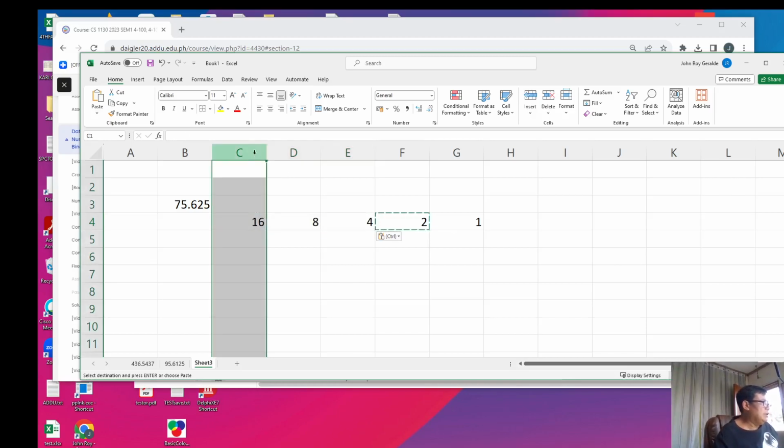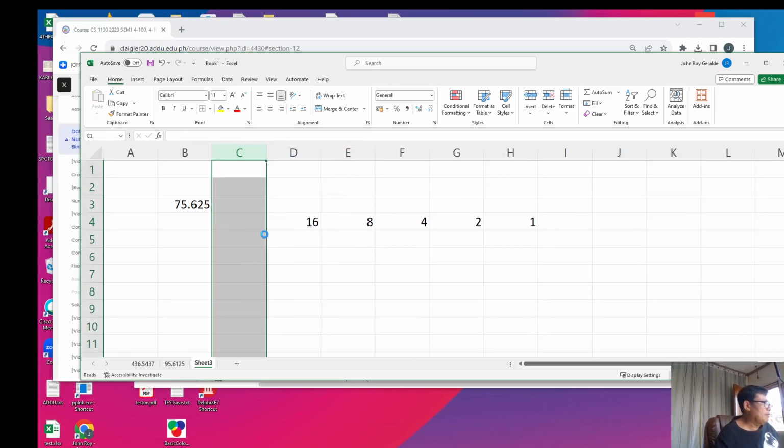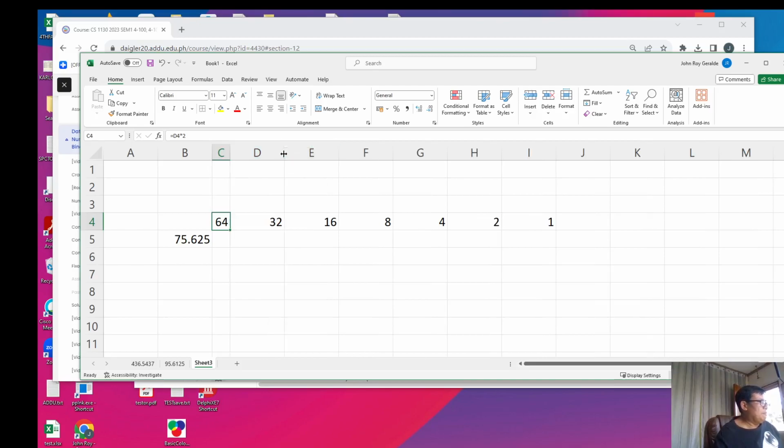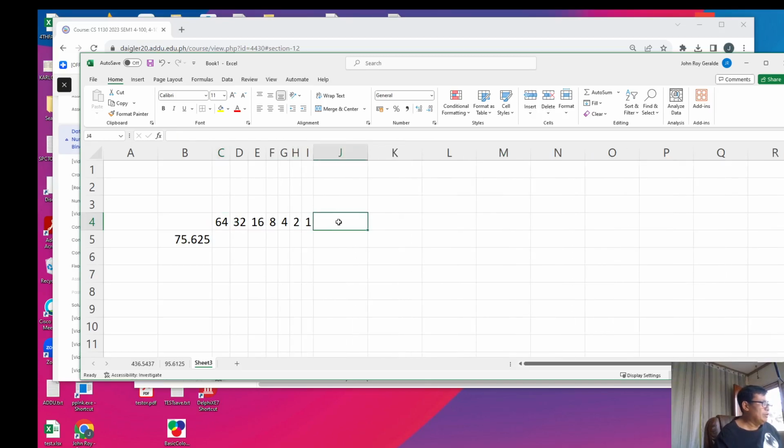We'll need 2 more. We have 64. We'll place it here. And then we just copy from our previous worksheet. We just copy the series because we know it's the same.